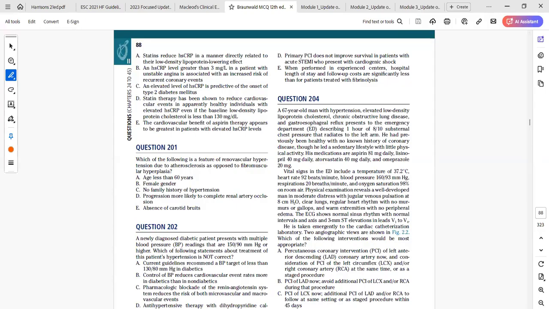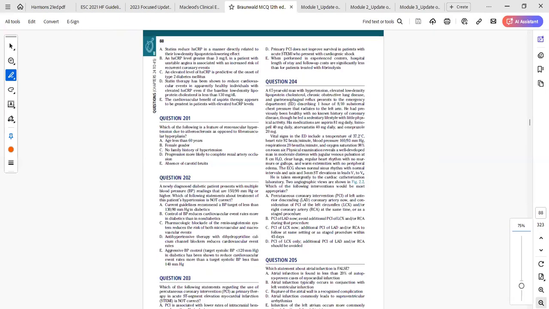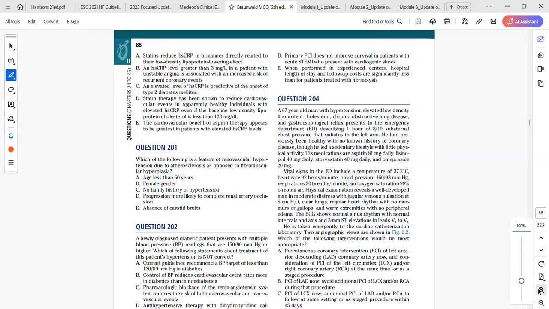A 67-year-old man with hypertension, elevated low-density lipoprotein cholesterol, chronic obstructive lung disease, and gastroesophageal reflux presents to the emergency department describing 1 hour of 8/10 substernal chest pain, pressure rather, that radiates to the left arm.